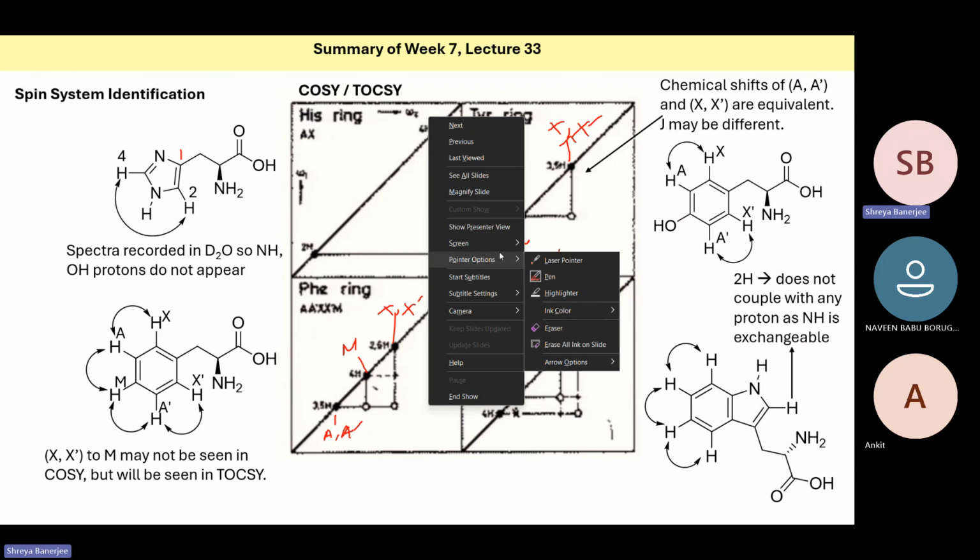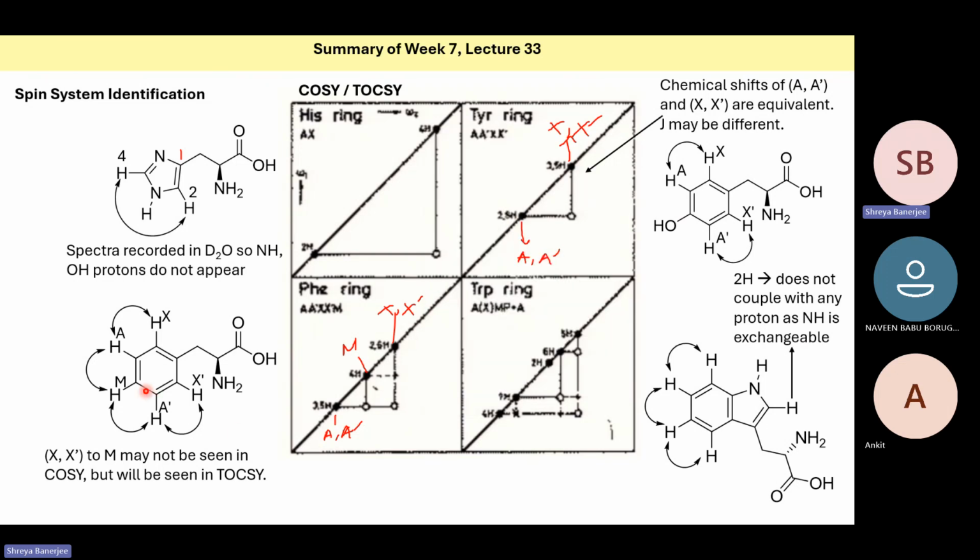Now, if we are looking at just the COSY spectra, COSY means only adjacent. So if it is adjacent, you will see a peak between A and M, A prime and M. That peak is this circle shown here. Then you can have a peak between A and X, A prime and X. That is this circle shown here.